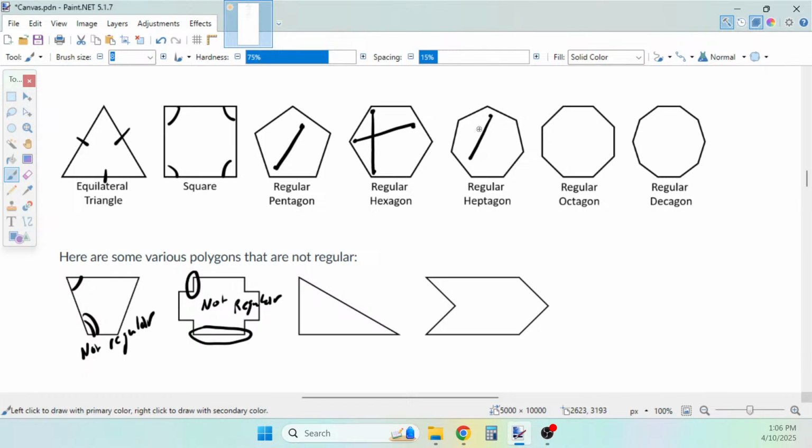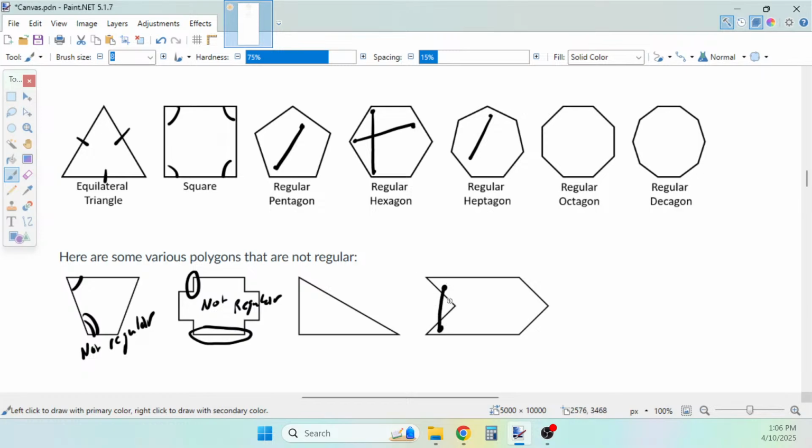Now, you could argue, this here is not regular because it's not convex.